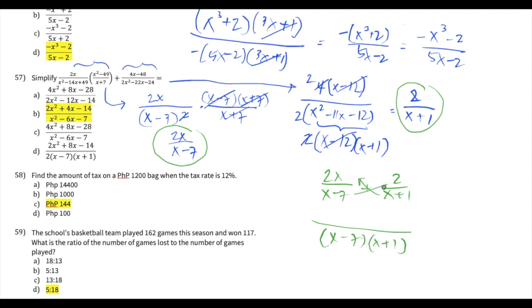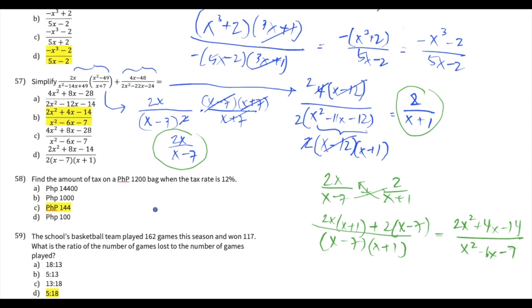Then, cross-multiply. 2x times x plus 1 plus 2 times x minus 7. Okay? If we simplify the numerator, we get 2x squared plus 4x minus 14 over, multiply these two binomials, x squared minus 6x minus 7, or letter B.